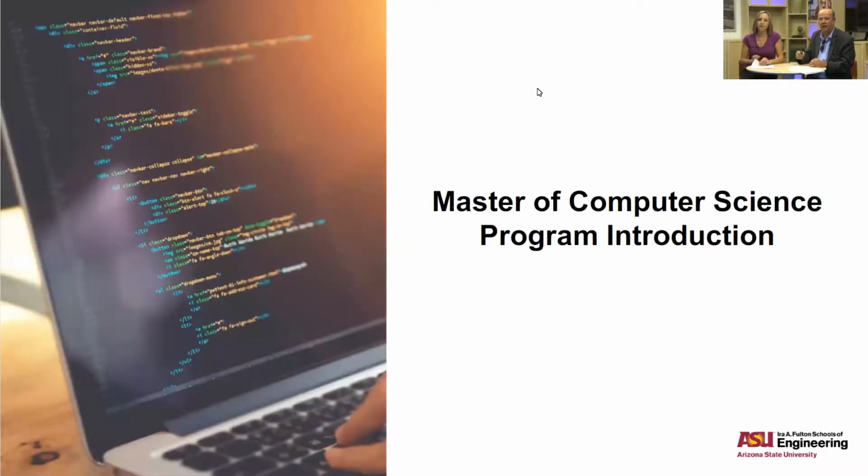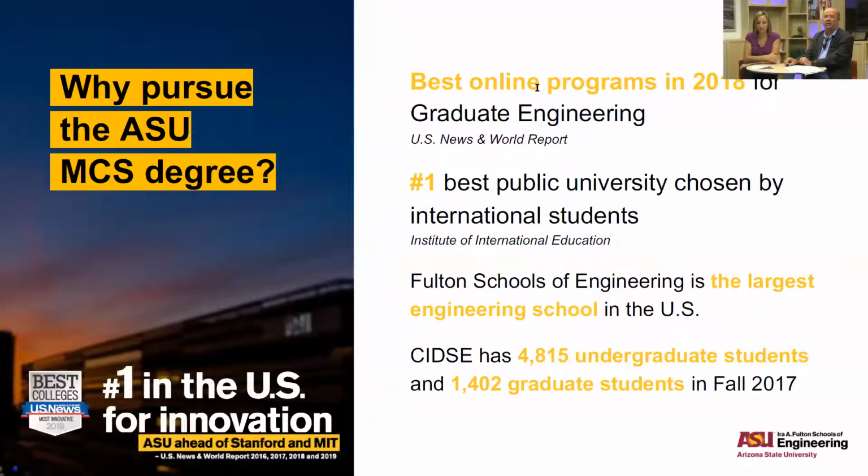So if we go to the next slide, I'll start by explaining what the course is and giving you a bit of background about the school. We are one of the largest graduate schools in the nation. We have 5,000 undergraduate students, that is last year's number.